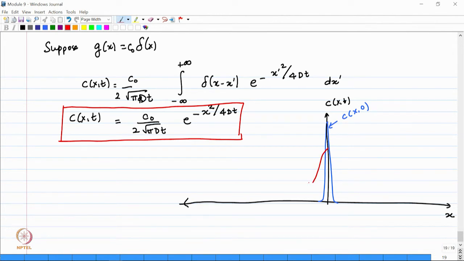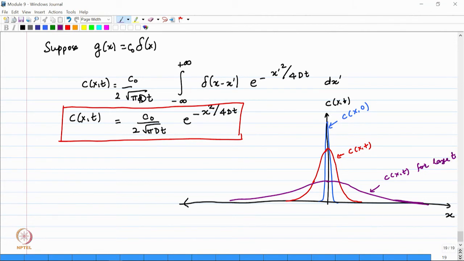So, as t becomes larger, and this is c of x t. As you increase t, it gets wider and wider, c of x t for larger t.